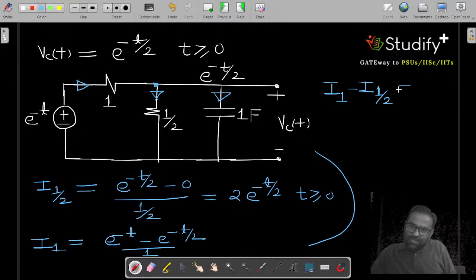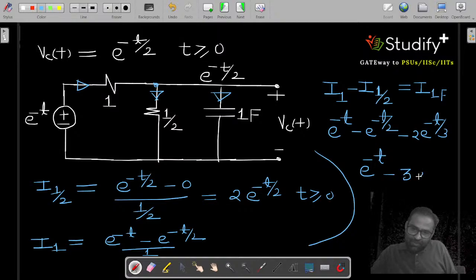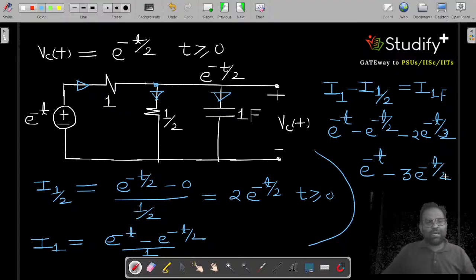That is e to the power minus of t minus e to the power minus of t by 2 minus 2 e to the power minus of t by 2, which is e to the power minus of t minus 3 e to the power minus of t by 2. This is the current we are having.